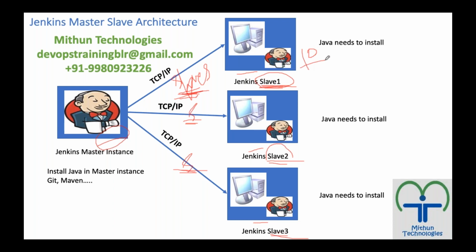At a time, 10 jobs are not going to run; it is based on your number of executors. Suppose I have given the number of executors as 5. Then only 5 jobs will run at a time, and the remaining 5 jobs are going to be in the waiting state.